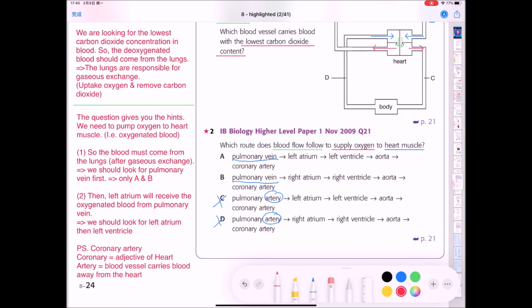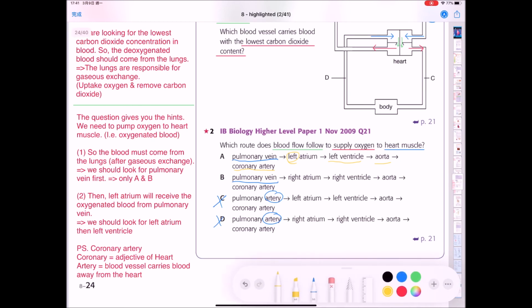So between option A and option B, we know the answer finally must be option A: from the left atrium to the left ventricle to the aorta, and then it branches to the coronary artery to supply the oxygenated blood to our heart muscles.